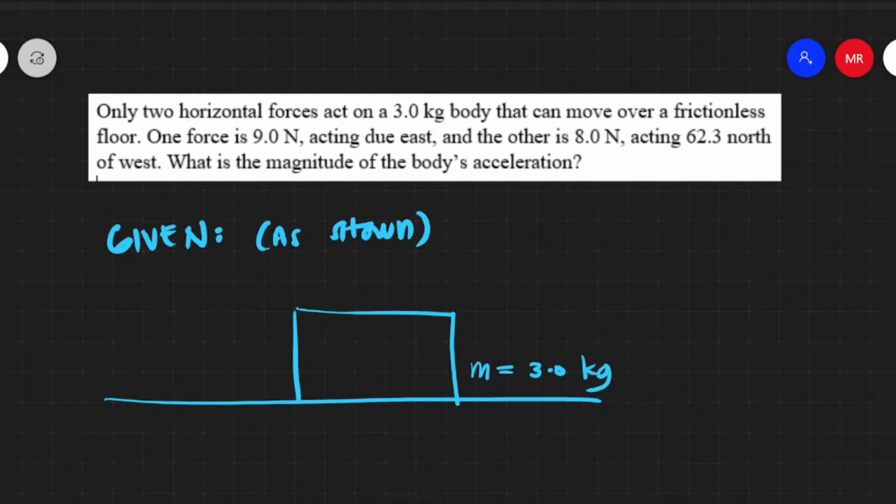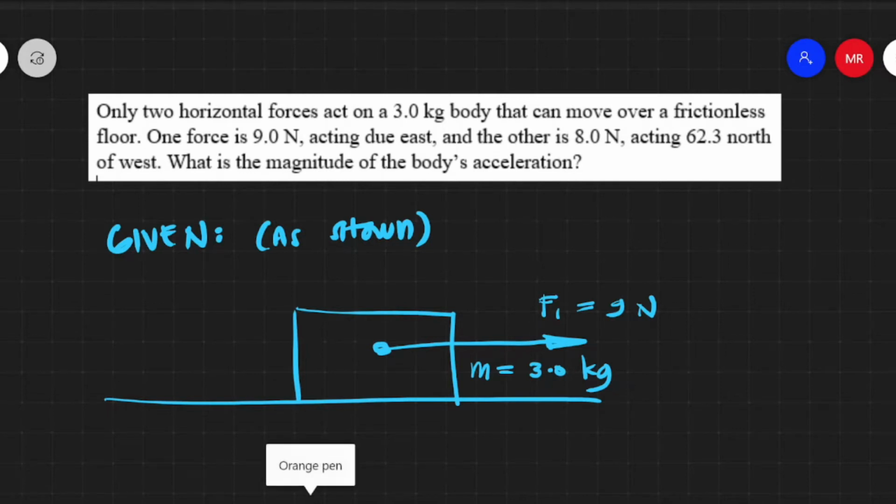Then there are two forces acting. One force is 9 newtons acting due east, so let's say this is force 1, F1, equal to 9 newtons.